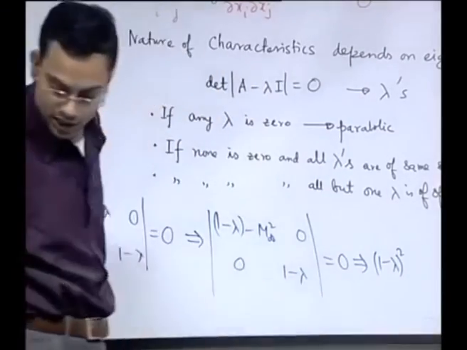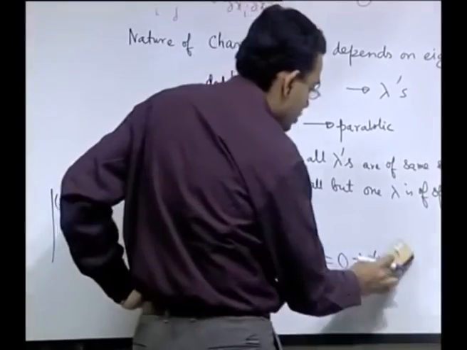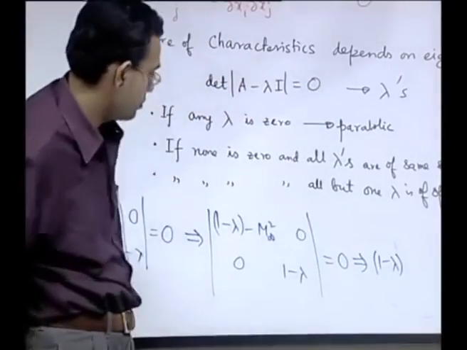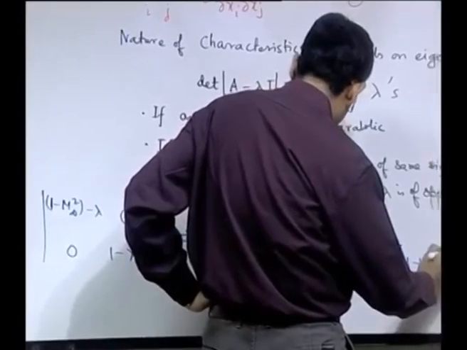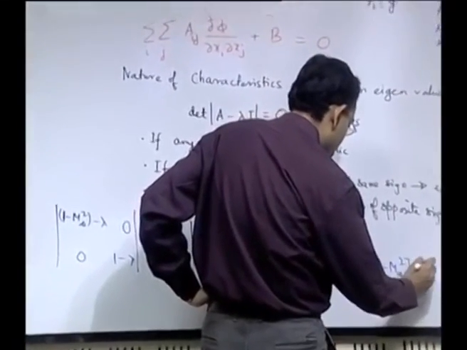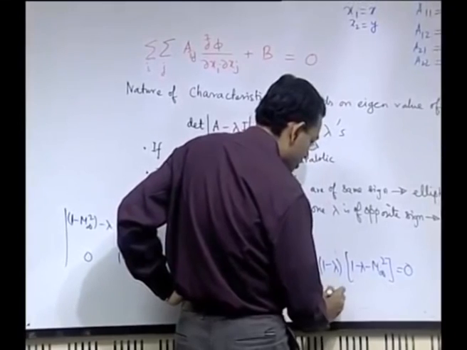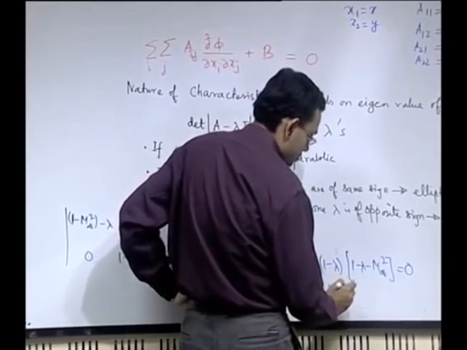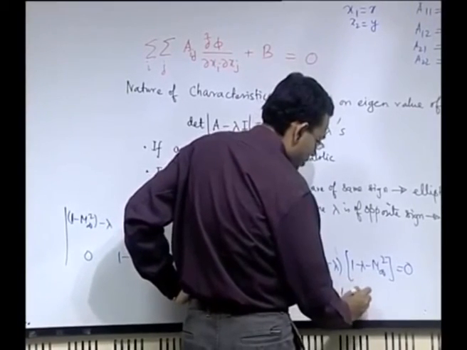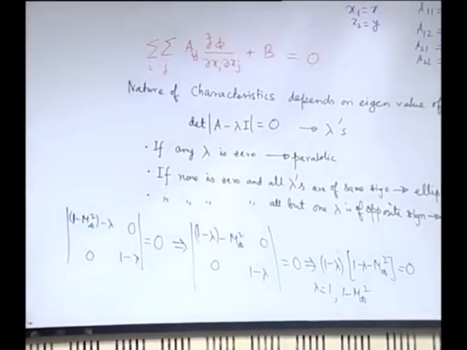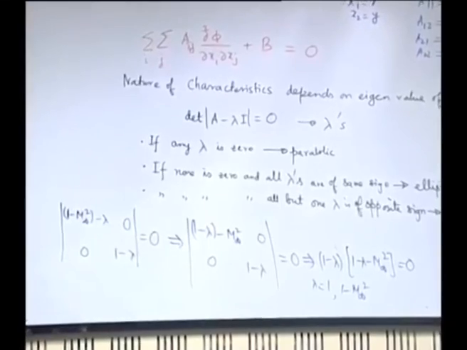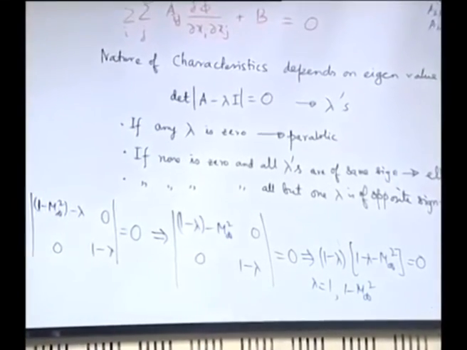So (1 minus lambda) into (1 minus M infinity square minus lambda) equal to 0. So lambda equals 1 and 1 minus M infinity square.